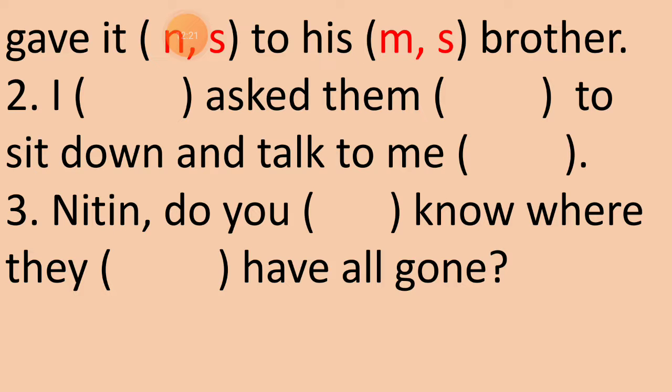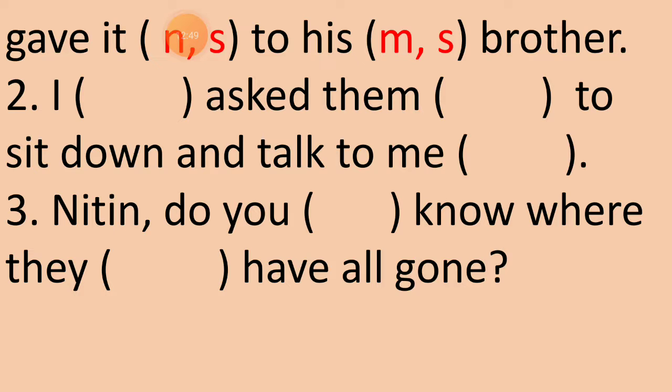To his brother. His means again M for male and S for singular. So it is written there M and S. Now we are going to solve the second and third questions today, and the remaining 4 and 5 you have to do on your own in your book.